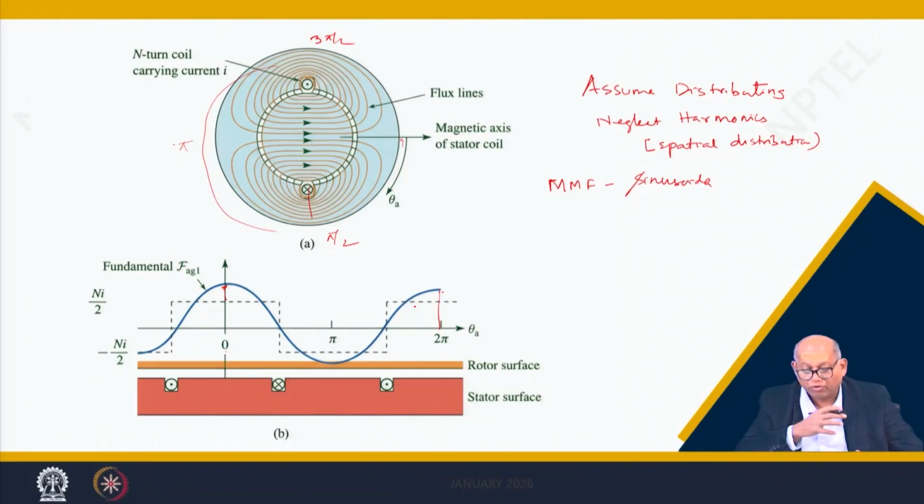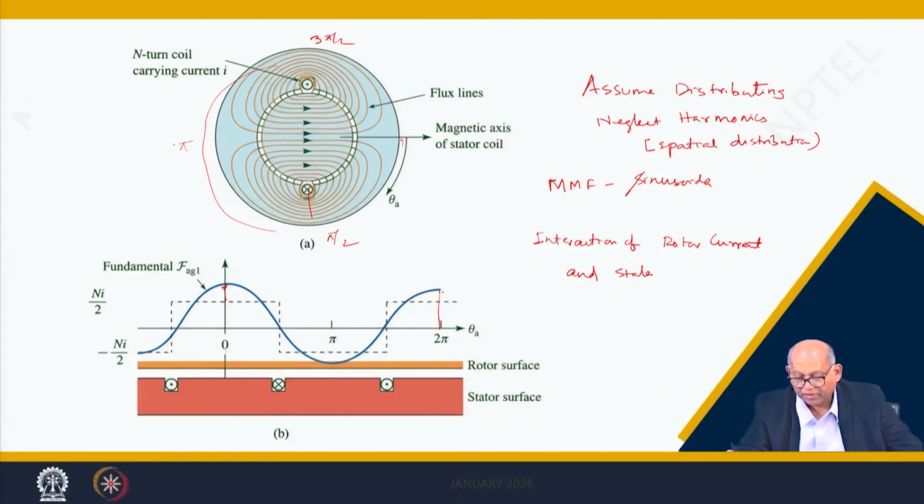So, this interaction of rotor current and the stator MMF or flux results in force and torque, and this leads to rotation.